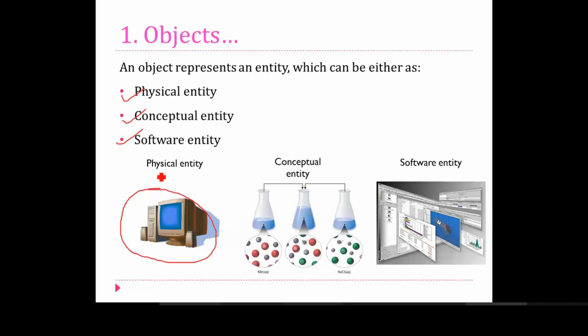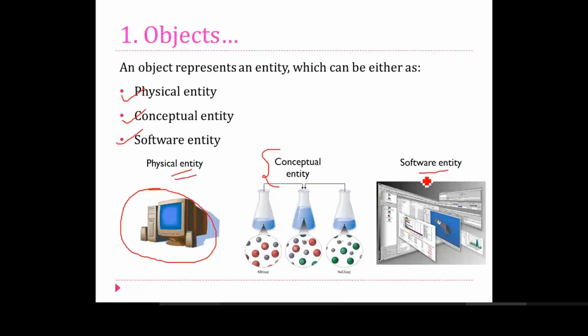Next is the conceptual entity. A set of chemical components which combine to form a chemical substance, or any concept used for the development of software, can also be an object.